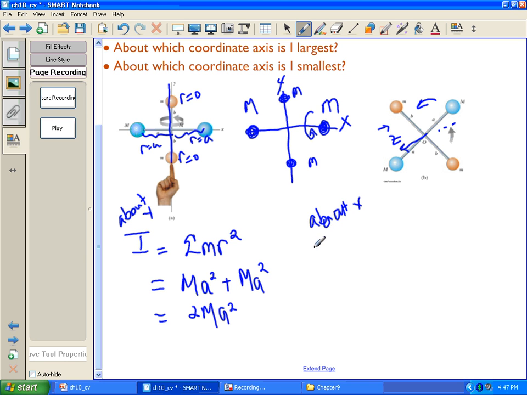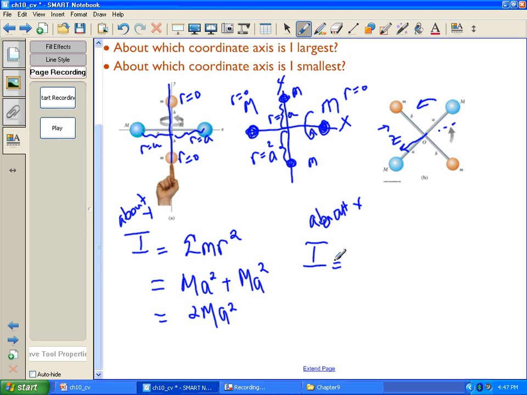Okay, here we can make a similar argument and say that the capital M's are located right on the axis of rotation, so their r value will be equal to 0. On the other hand, the small m's have a value r equals b, which, don't forget, a equals b, so we can just write both of the b's in terms of a's, so we can compare a's with a's.